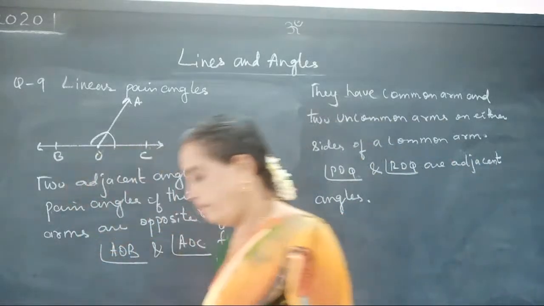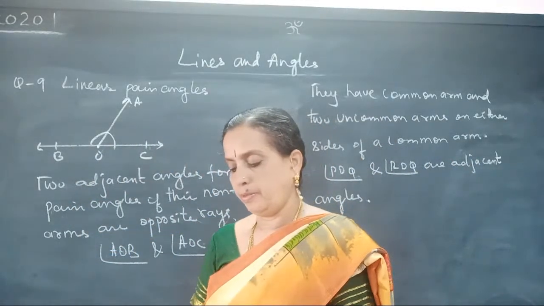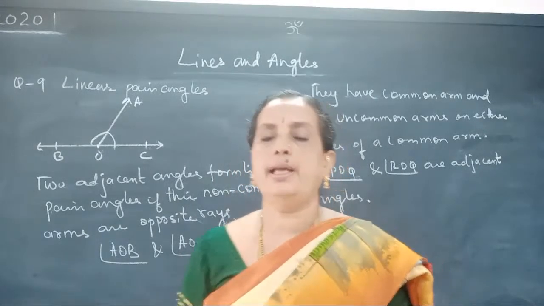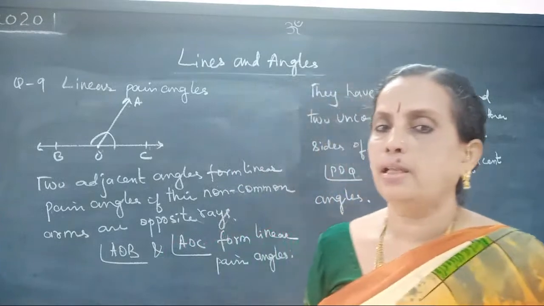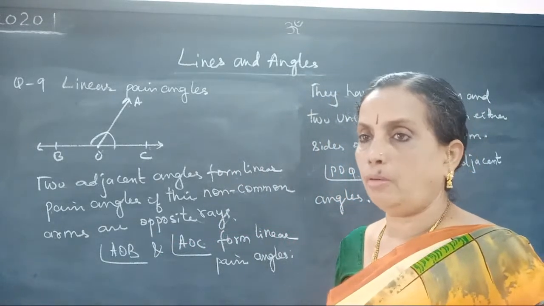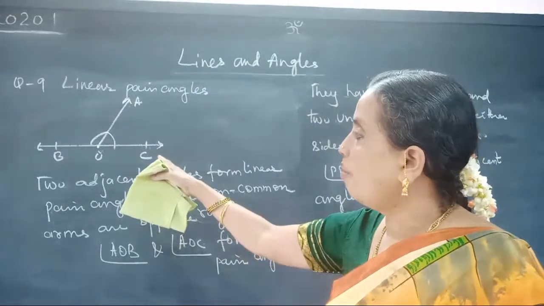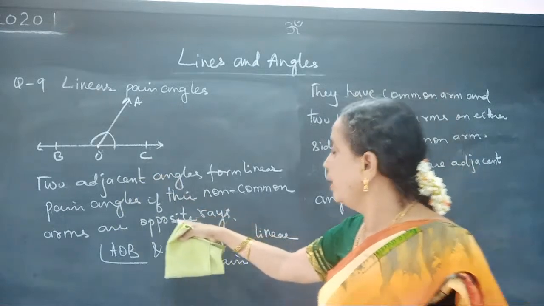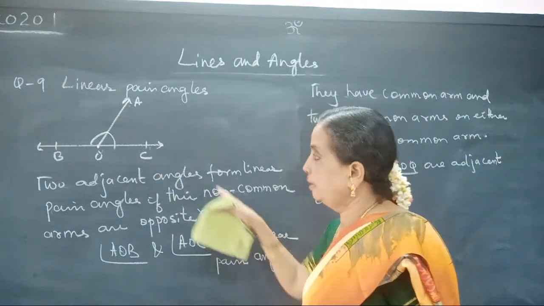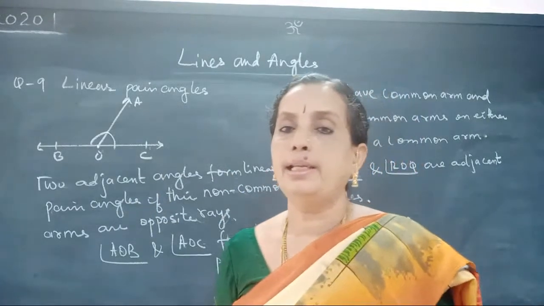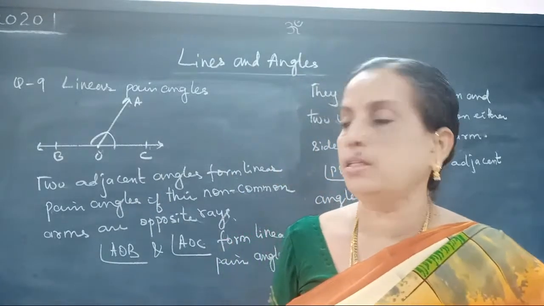So here we consider an adjacent angle has a common vertex. Non-common arms are on either side of the common arm. If the non-common arms are on either side of the common arm and are opposite rays, then such adjacent angles are called linear pair angles.